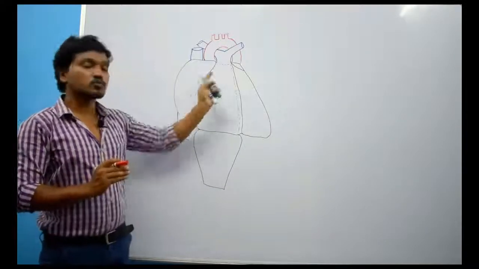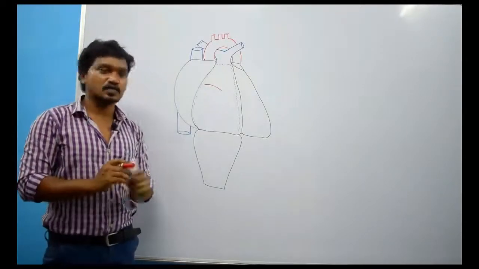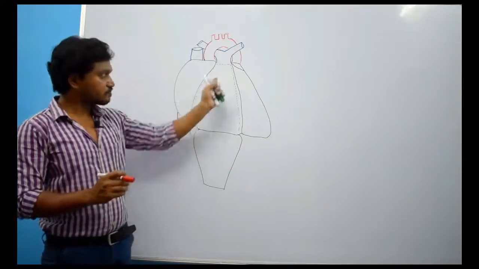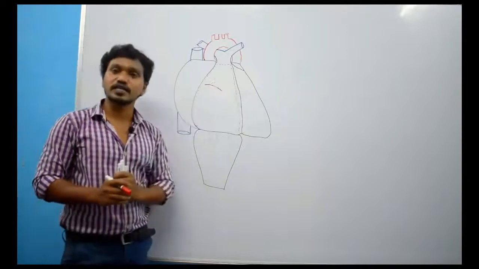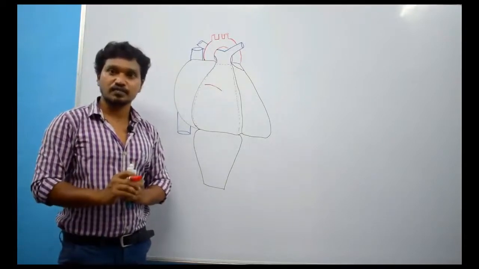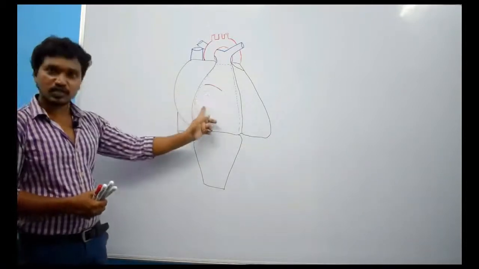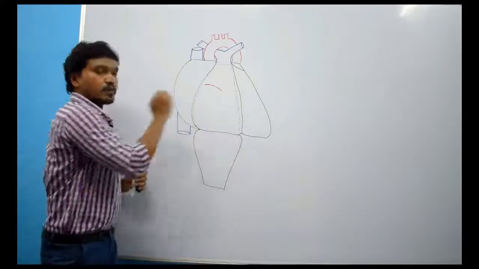The smooth outflowing part is derived from the bulbus cordis, and the supraventricular crest, which divides the rough inflowing part and the smooth outflowing part, is embryologically derived from the bulboventricular ridge. Right? Then along with these two structures, you can observe leaflets, chordae tendineae and papillary muscles.